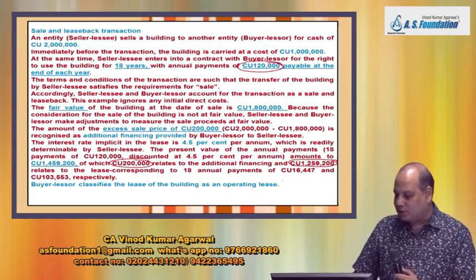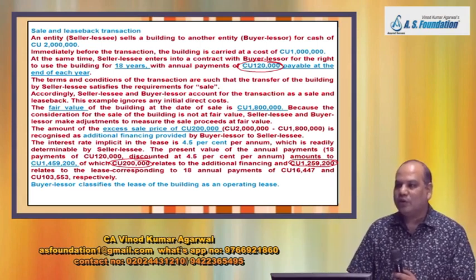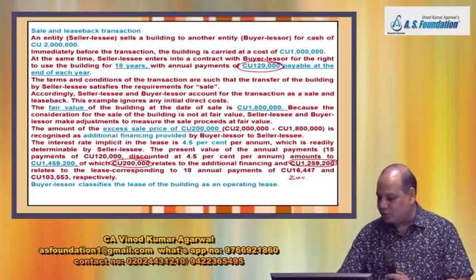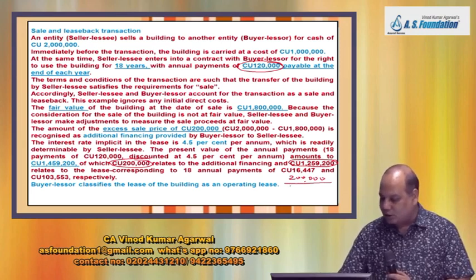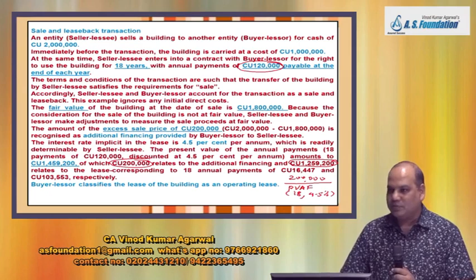If you are good in finance, you can find out the annuity figure. What you can find out? Annuity. Sir, how do you compute annuity? Long back when you were a child, you used to do this calculation. 2 lakh divided by present value annuity factor for 18 periods and 4.5%.